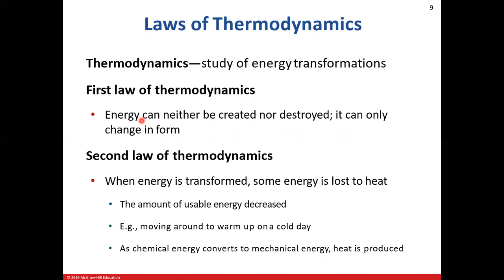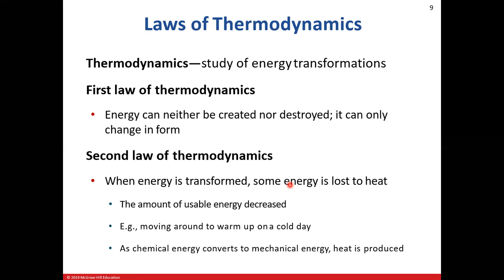And so that kind of leads us to the second law of thermodynamics. When energy is transformed, some energy is lost to heat. So again, we're having some sort of change. So the energy isn't created or destroyed, it's changing in form. And so now when that light bulb gives off energy, we've now had it converted from electrical energy to light energy, but we have a change in energy or a conversion.